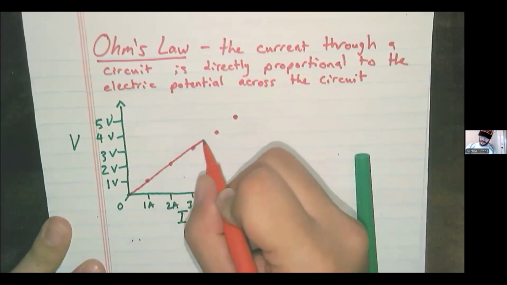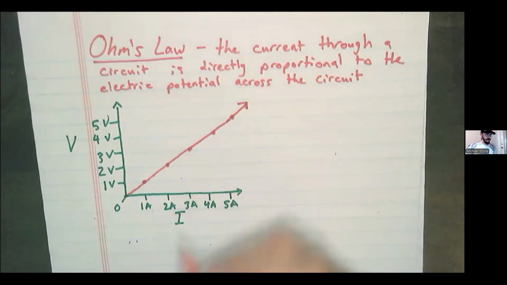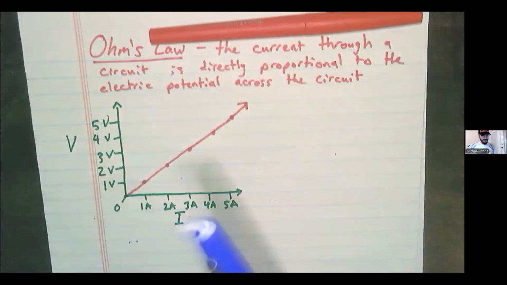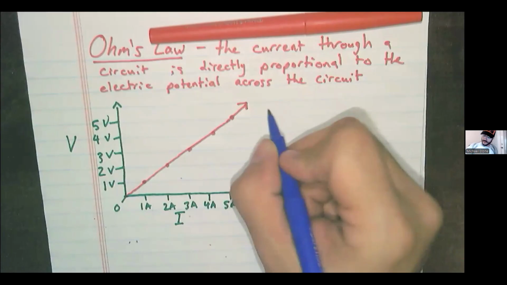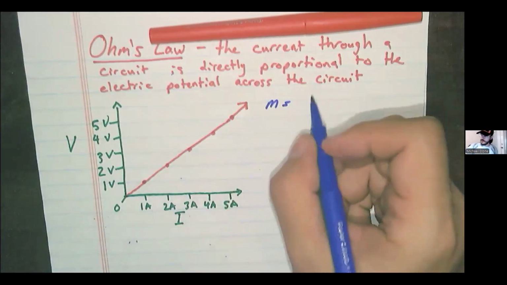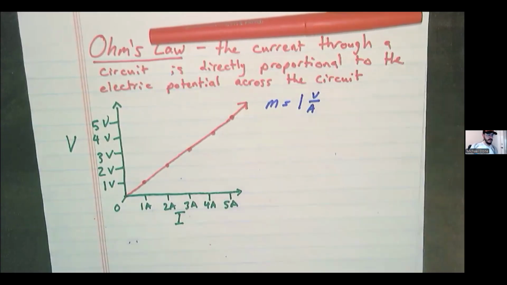Connect your dots. If you were to actually do this experiment, you would of course use a line of best fit, but this is theoretical where everything is perfect and easy. And the slope of that line, 5 volts, 5 amps, is 1 volt for every ampere.